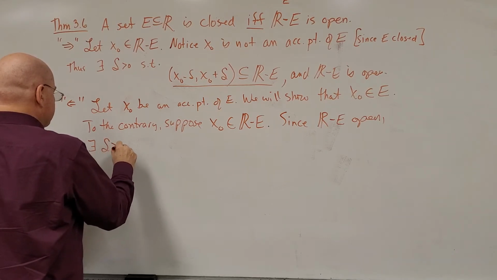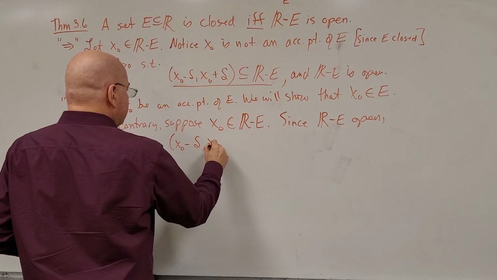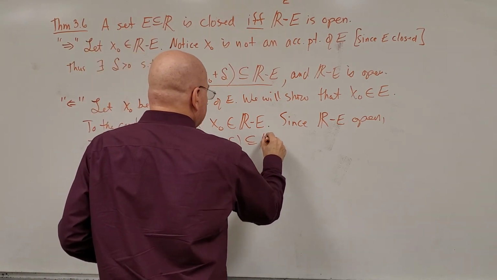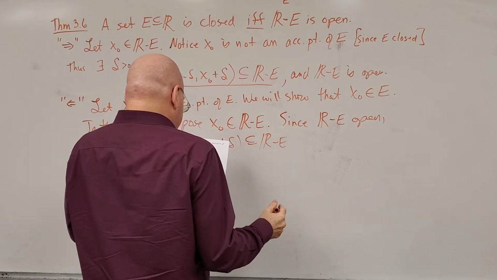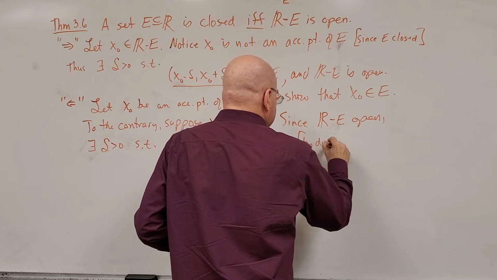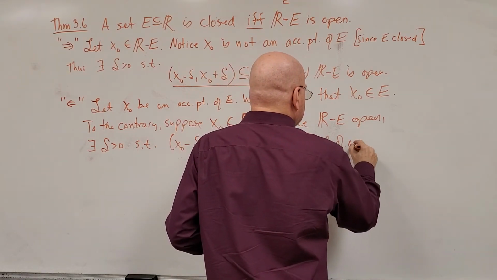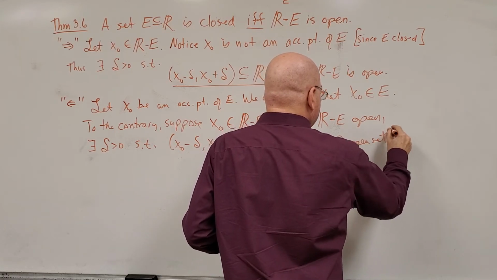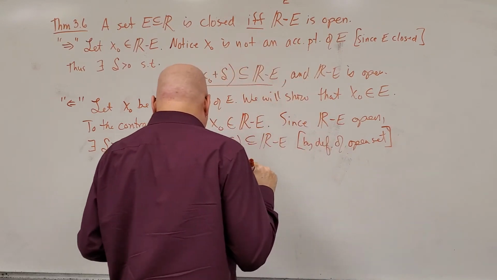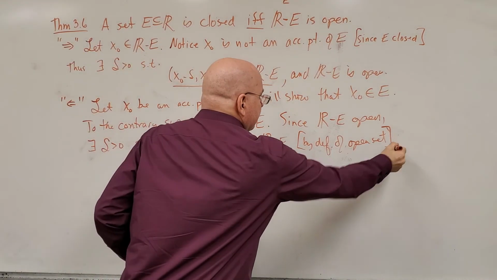There exists a delta greater than 0 such that x naught minus delta to x naught plus delta is completely contained in R minus E. I'm going to go ahead and say by definition of open set.